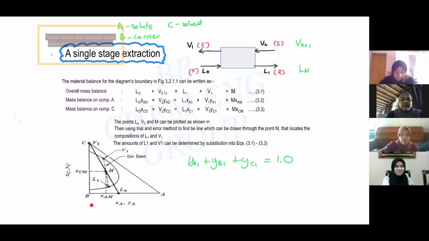But what we're going to use now is the x-axis representing the solute axis, and the y-axis representing the solvent axis.